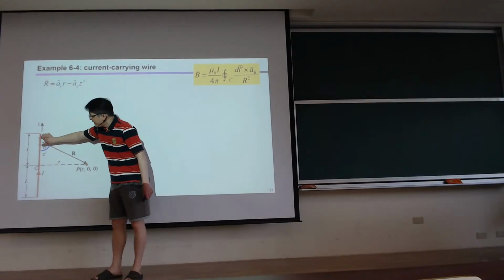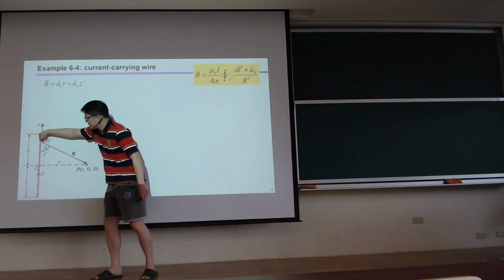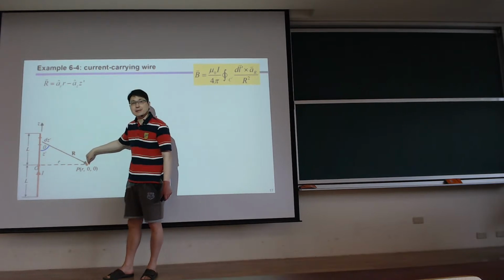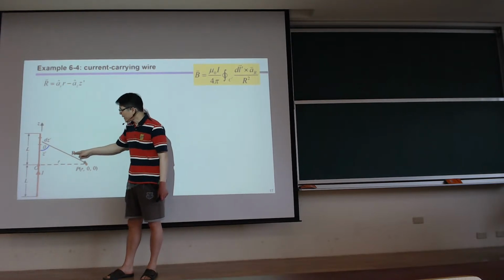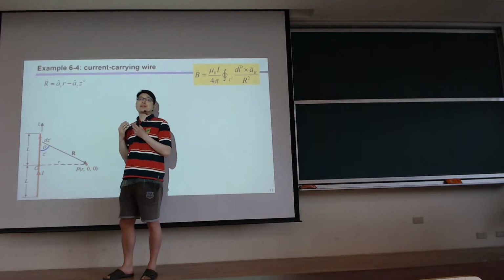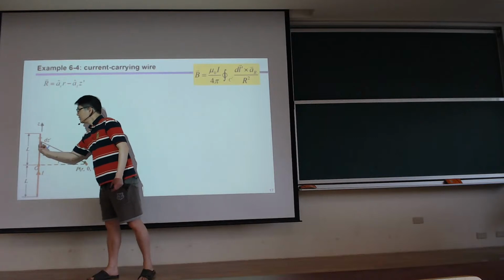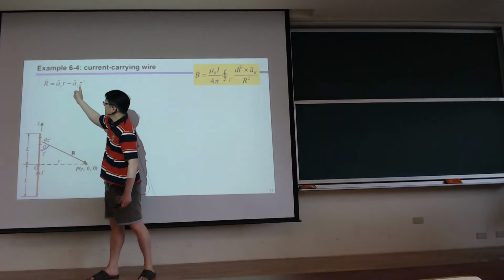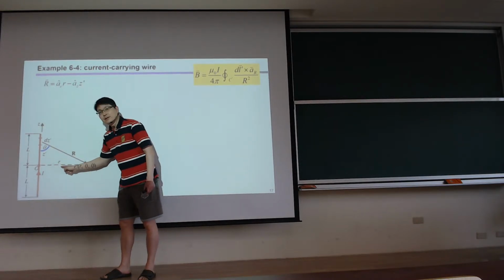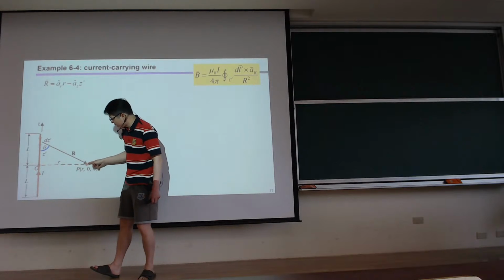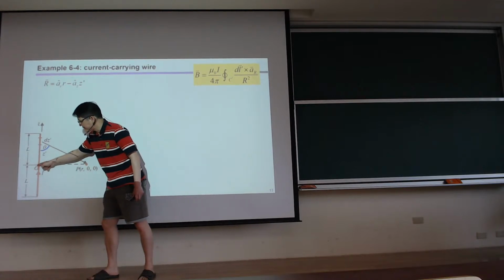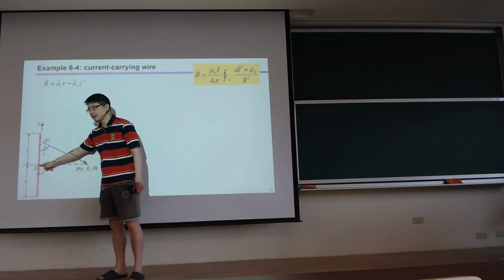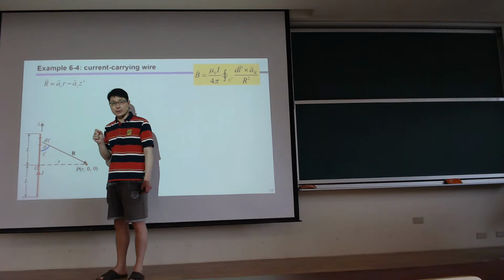Therefore, for this piece of differential segment, its distance to my observation point is labeled the capitalized R distance vector. That distance vector can be represented by the z location, the z vector, and the distance from my observation point to the bisecting point, which I denote as the origin of the cylindrical coordinate.